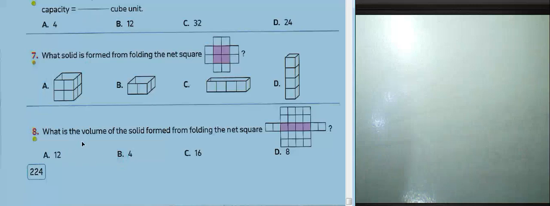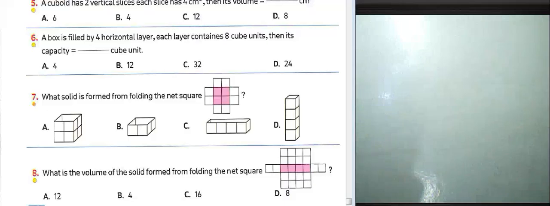What is the volume of the solid formed from folding the square net? He asked about the volume. You must count length and width and height. Look at here. If we follow them, 1 here is the base, 1 and height 2. We can count here.